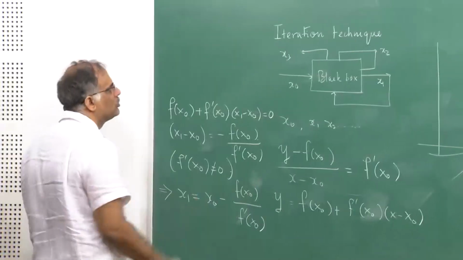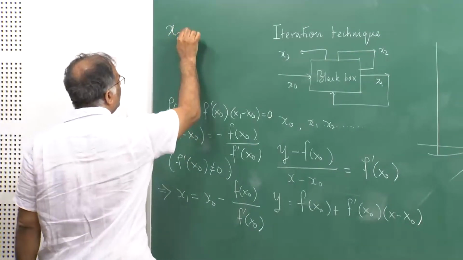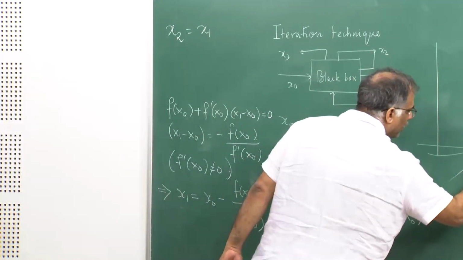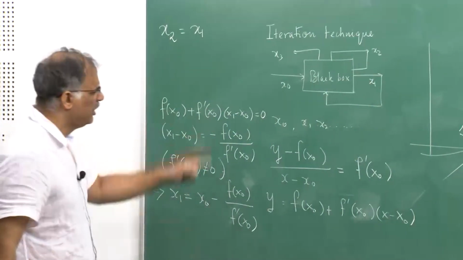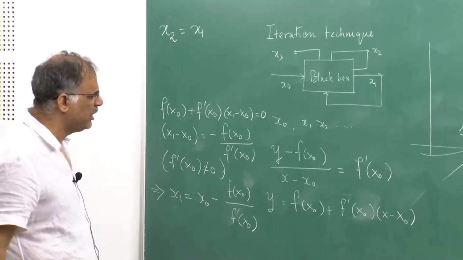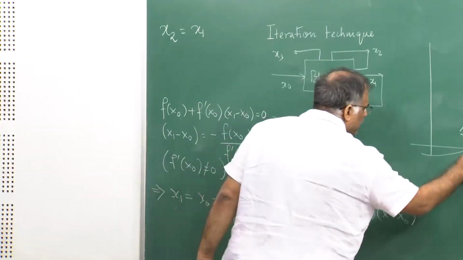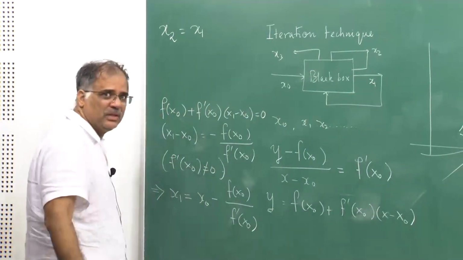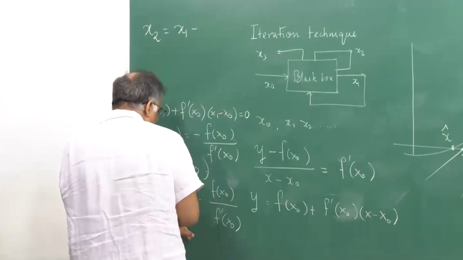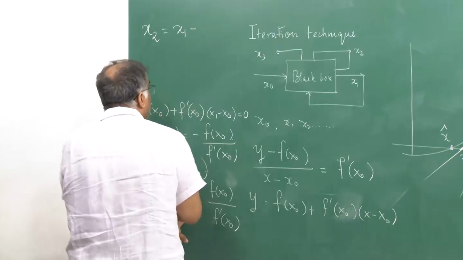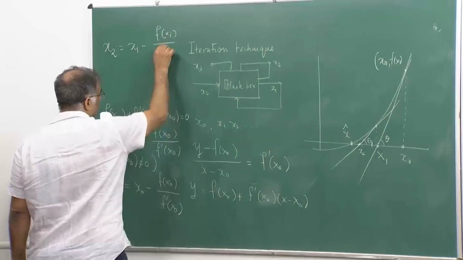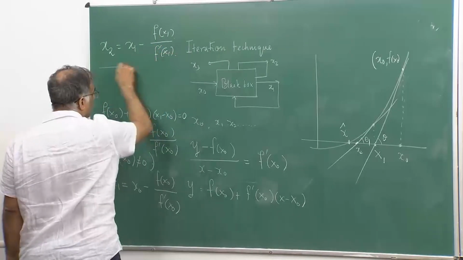So x2 would be equal to x1, assuming again that, look at this theta 1, the angle is not horizontal, so the derivative cannot be 0. So it is x1 minus f(x1) by f'(x1). So this is the scheme.